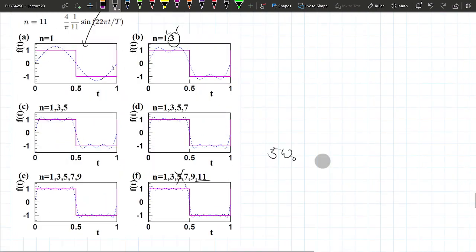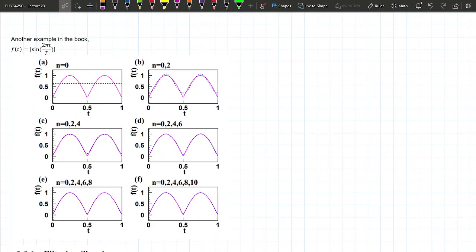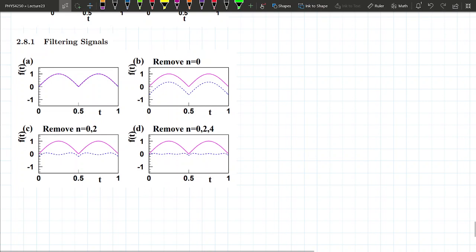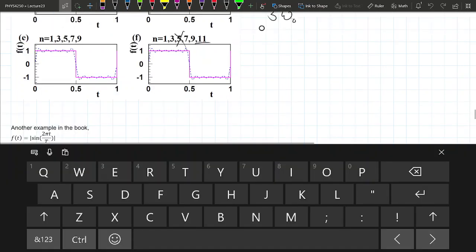And then as you take out more and more terms, so originally, you can't see this, but there's a blue behind this. Originally, it's a pretty good representation of the function. When you take it out, it shifts it down. Now you're not getting the height right.